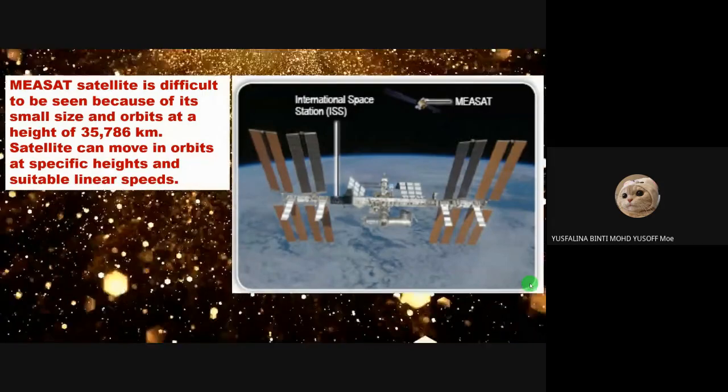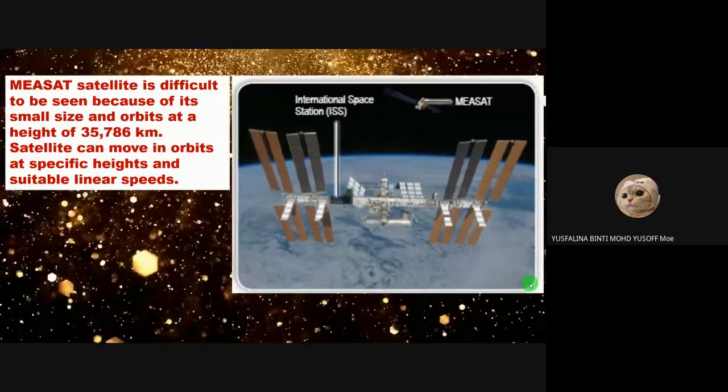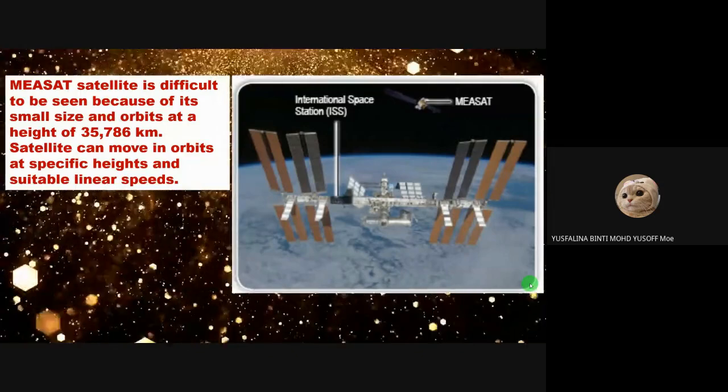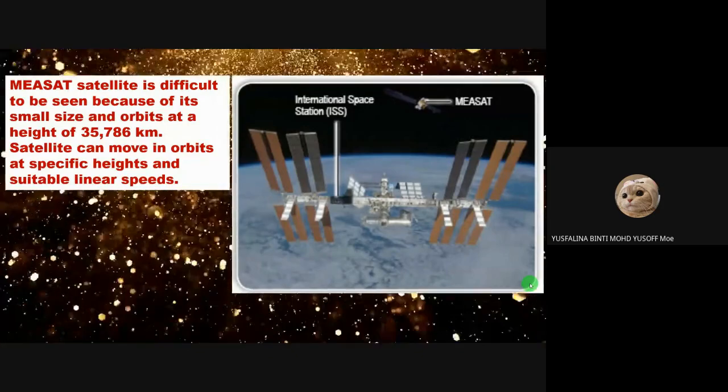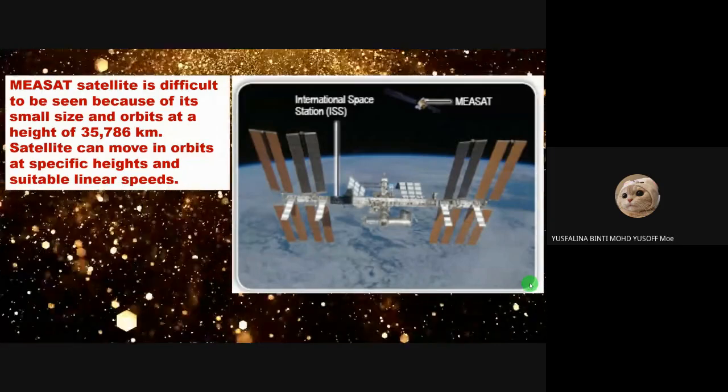So it's quite further if you compare with the ISS. That's why it's hard for you to see the Measat satellite. And the satellite can move in orbit at a specific height and also at a suitable linear speed.